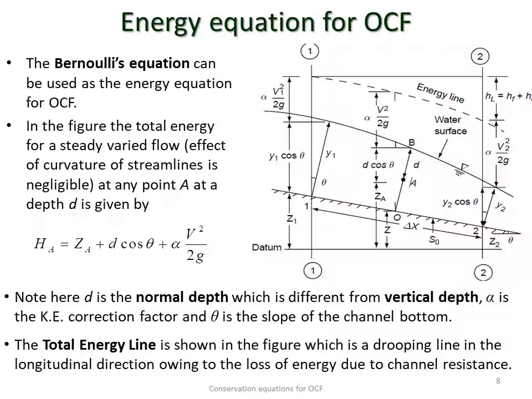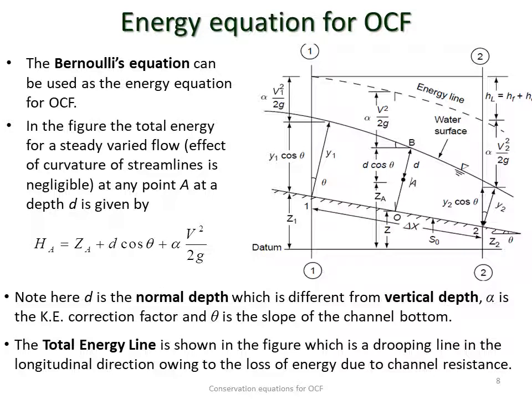So here the normal depth is given by y1 or d or y2, if we consider the depth from the inclined bottom of the channel. The depth of the channel which we estimate will be the normal depth, whereas the vertical depth is slightly different from it.